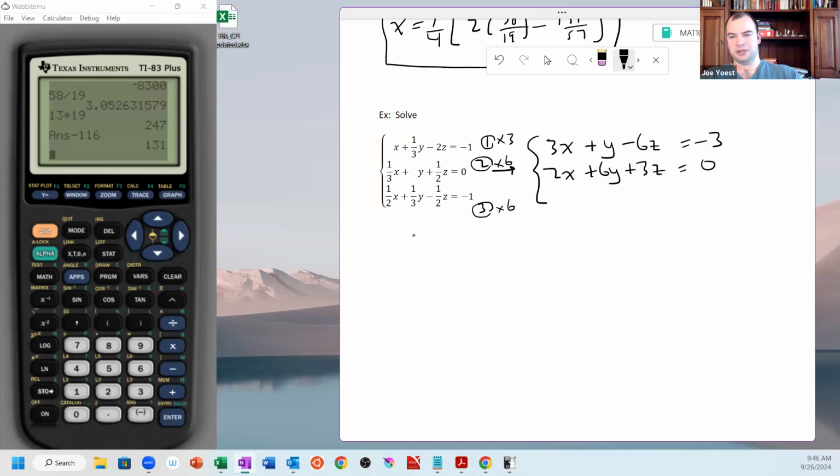And equation 3 multiplied by 6 gives me 3x + 2y - 3z = -6. Just going to double check that I got all of my signs correct and did all of my cancellation correctly. All right, looks good.